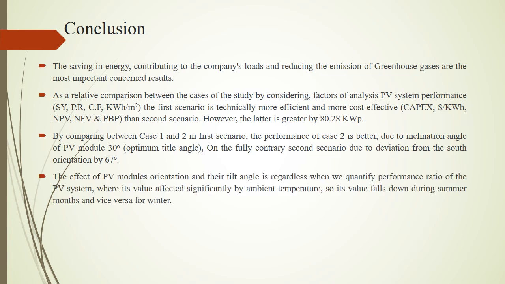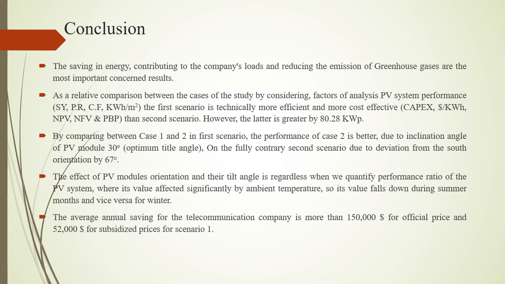The effect of PV panel orientation and tilt angle is negligible when quantifying the performance ratio of the PV system, whose value is affected significantly by ambient temperature, so its value falls during the summer months and vice versa for winter.